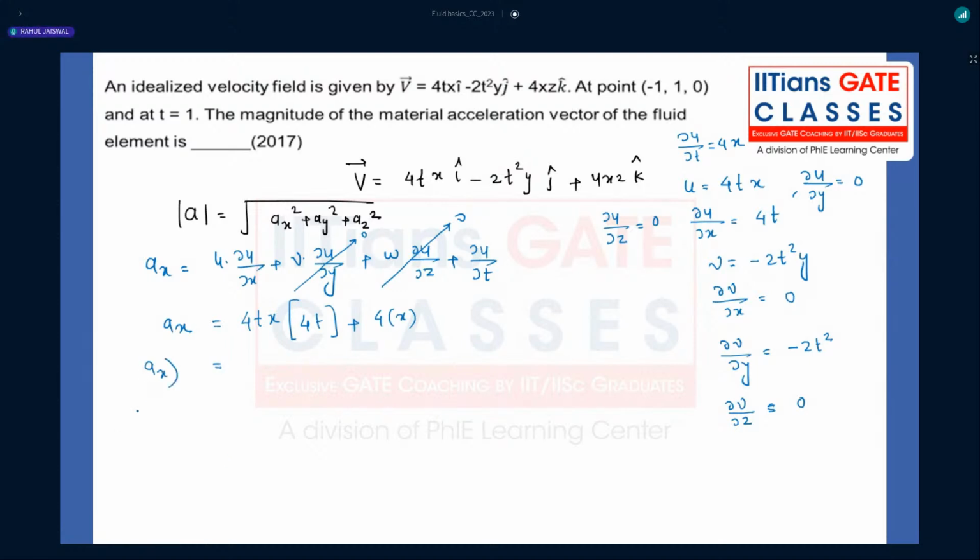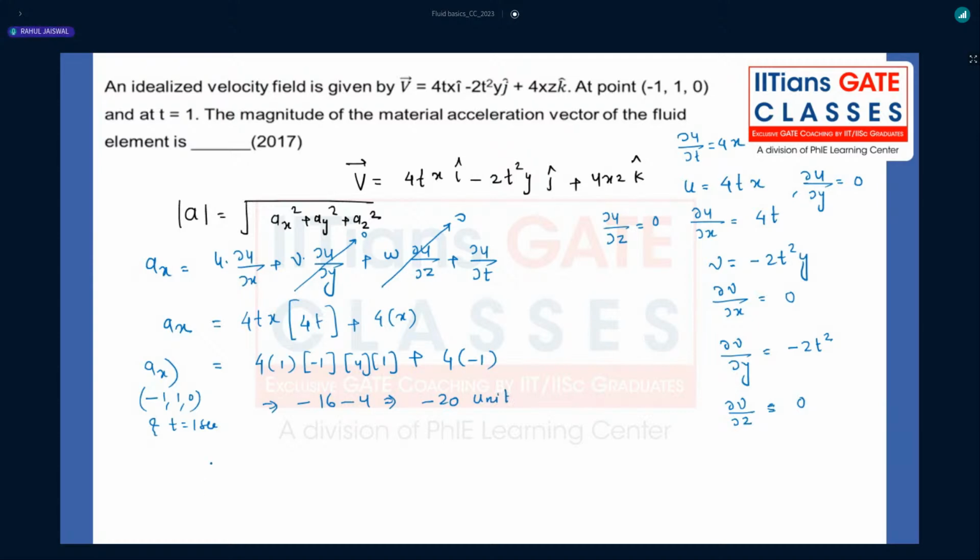Acceleration in the x direction, at this particular point, minus 1, 1 and 0, and time t equal to 1 second. 4 into 1, x is minus 1, 4 into 1 plus 4 into minus 1. So this is minus 16 minus 4, that is minus 20. This is the unit.